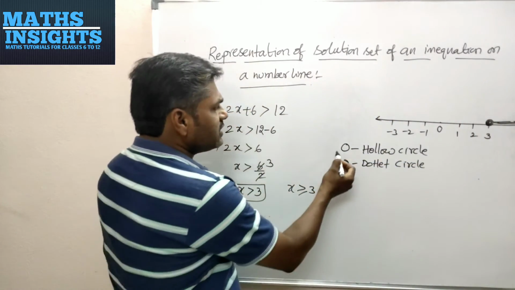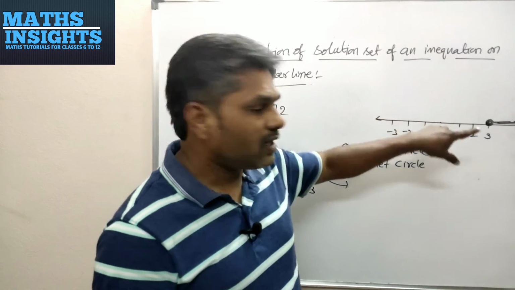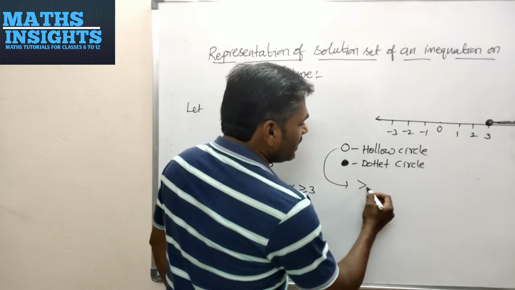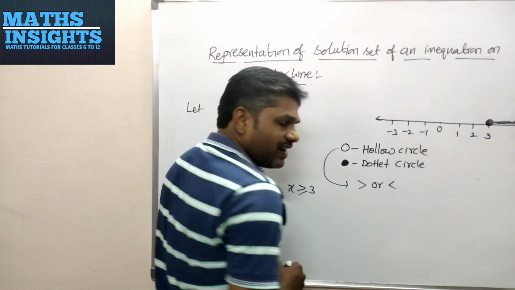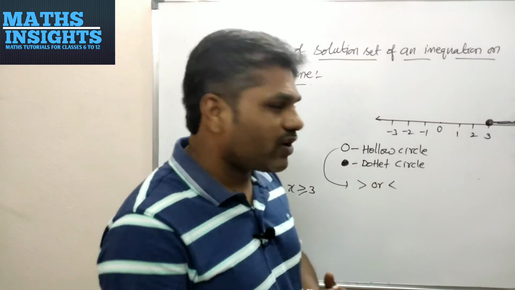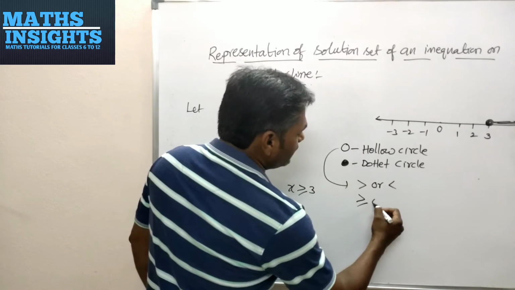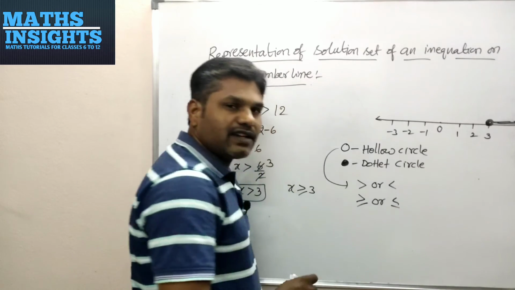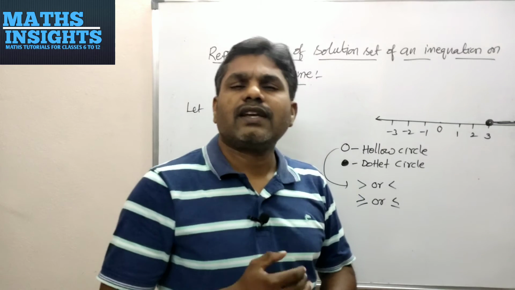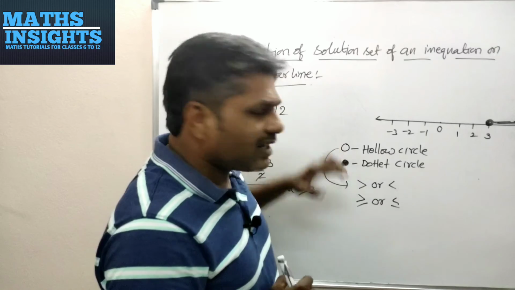Generally the hollow circle on the number line is used when only greater than or less than is there. And when you see the dotted circle on the number line, it may be greater than or equal to, or less than or equal to. In this way you may represent the solution set of an inequation by using these circles.